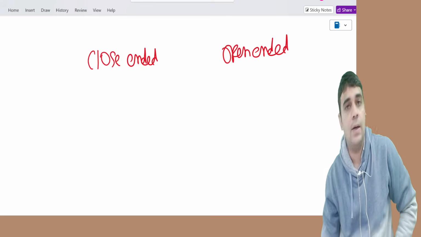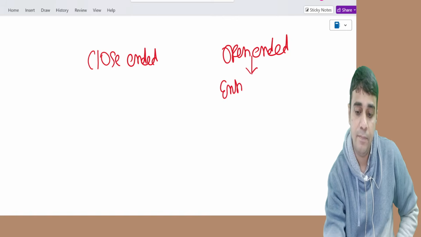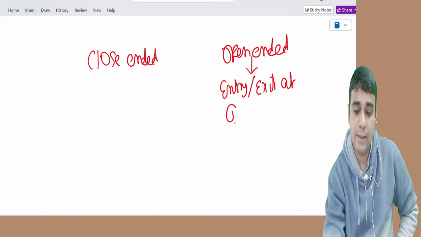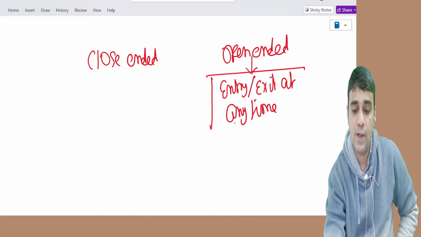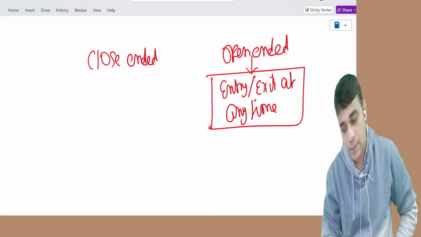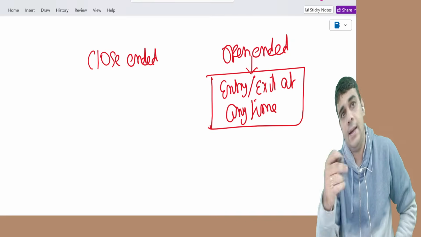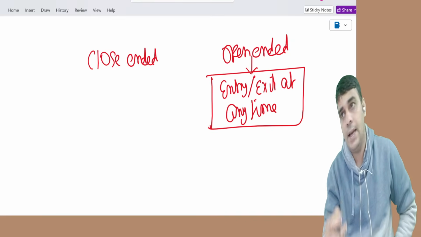Close ended and open ended. Open ended means entry and exit at any time. Today I buy the mutual fund, tomorrow I redeem it, day after tomorrow I buy it, again I redeem it. My wish.